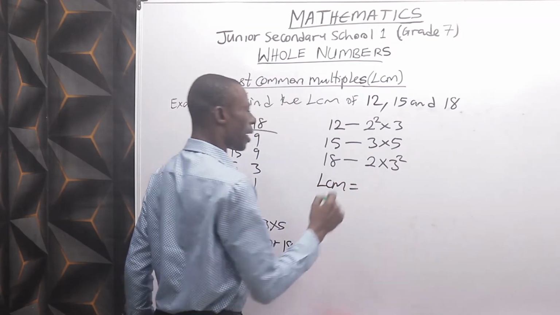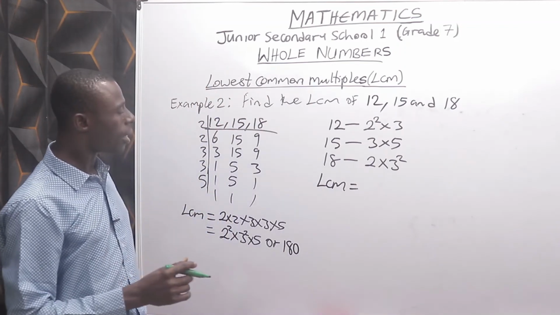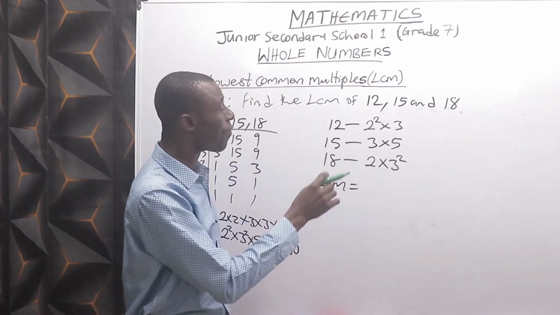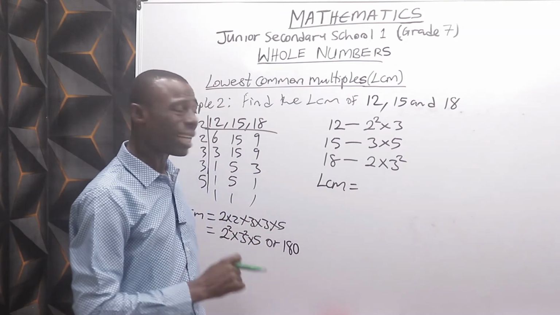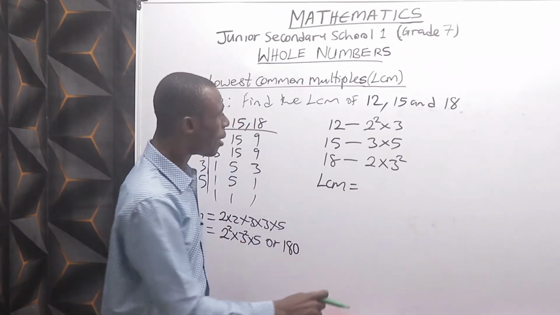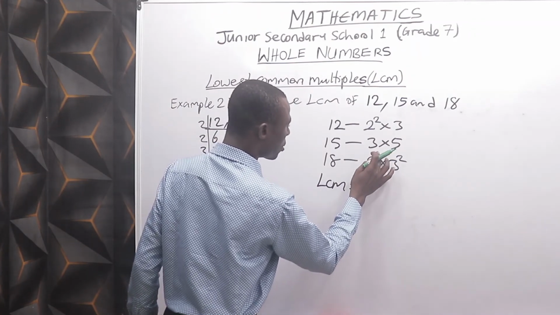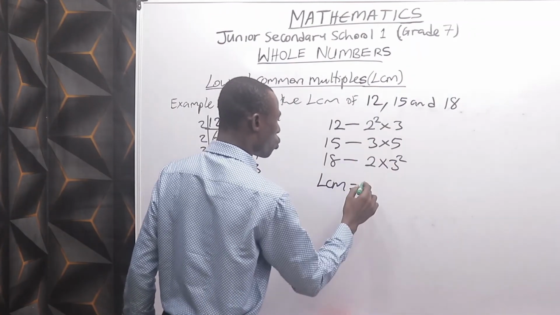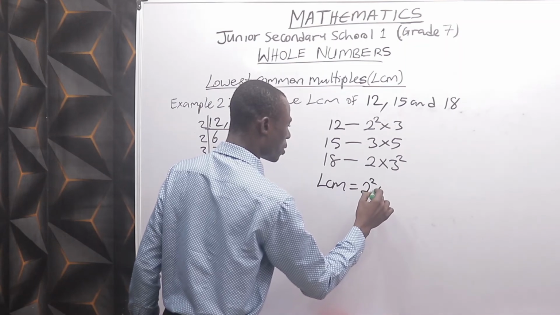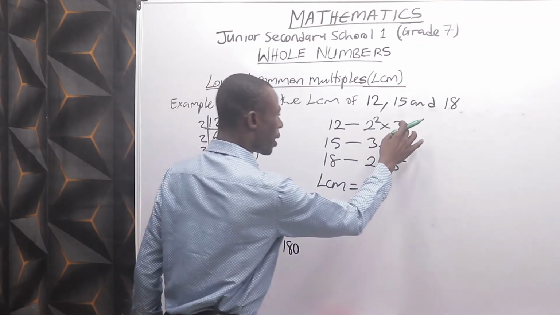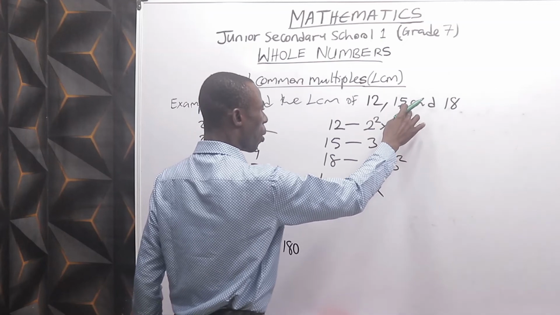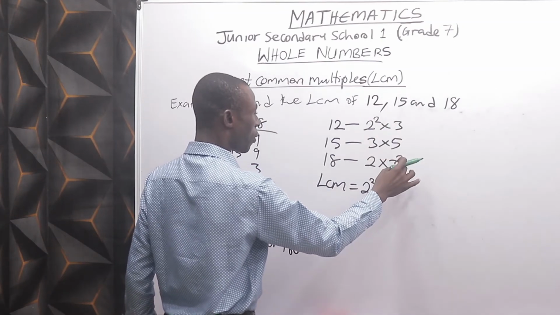LCM in this case, don't forget, will be you picking every available factor in their highest power. Factor 2 is available, 1 in power 1, the other in power 2. So you pick the one in power 2. Factor 3 is available, 1 in power 1, another in power 1, another in power 2.